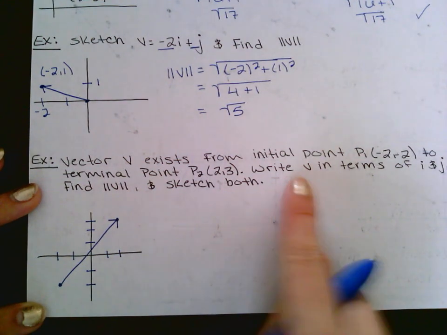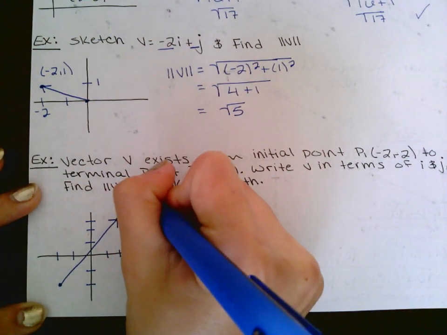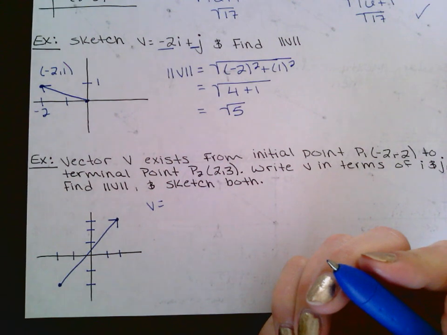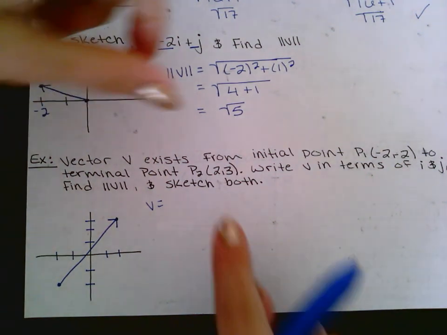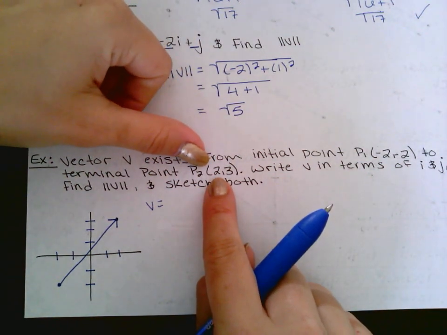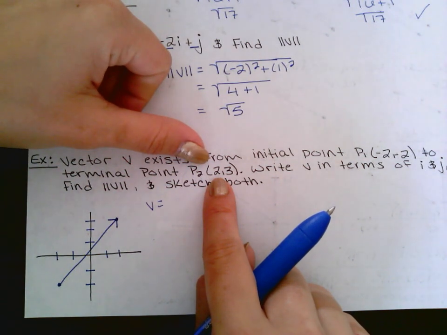Now let's write v in terms of i and j. I would have to subtract my x's. Here order does matter, because when I'm drawing the vector, I'm taking direction into account.